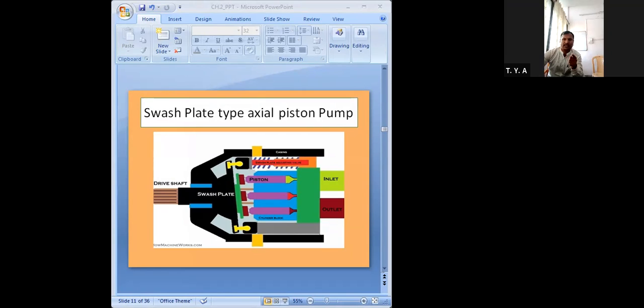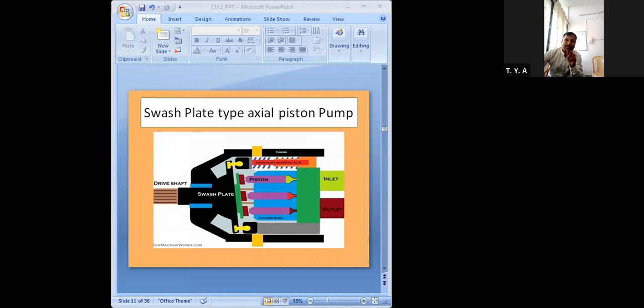Thus the rotation of this swash plate produces in and out motion of the piston. Due to the rotation of the swash plate, which is mounted on the drive shaft, the in and out motion of the piston is produced, and that motion happens in the cylinder only.